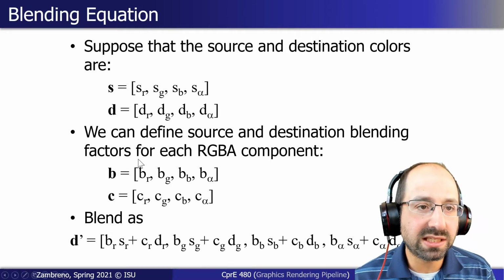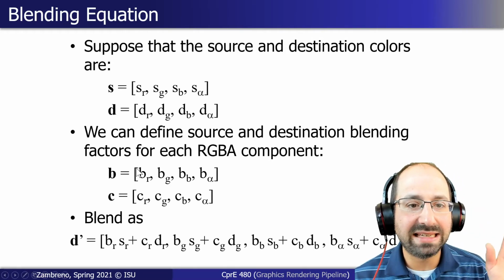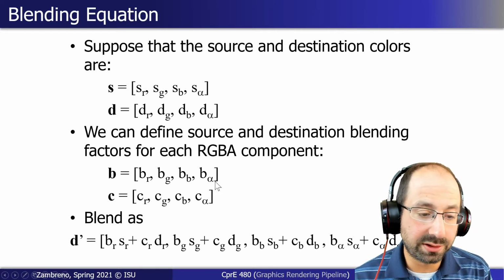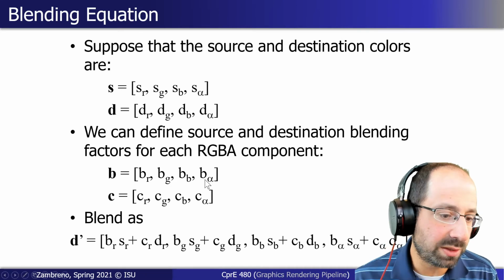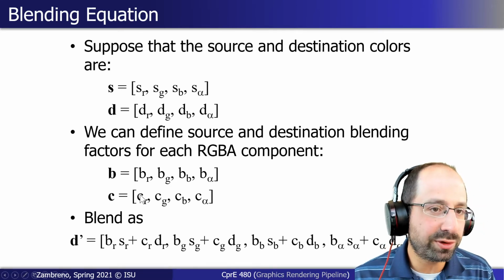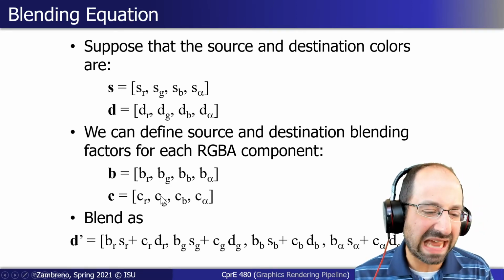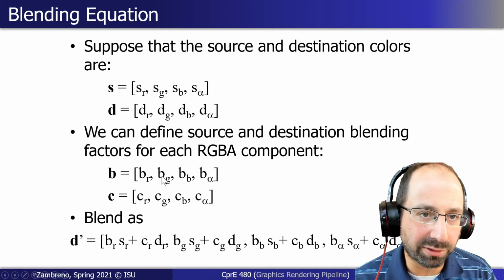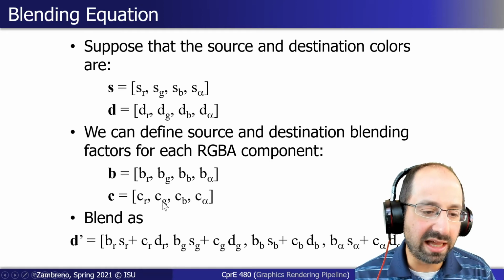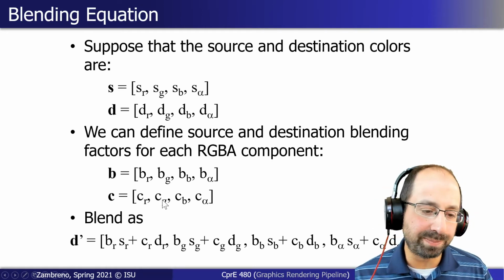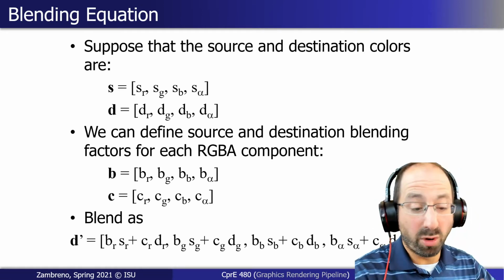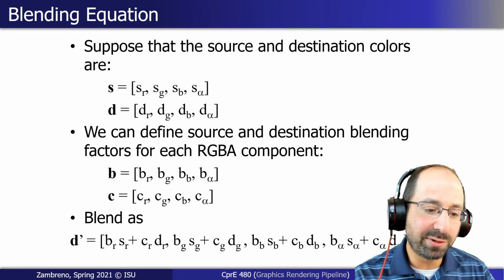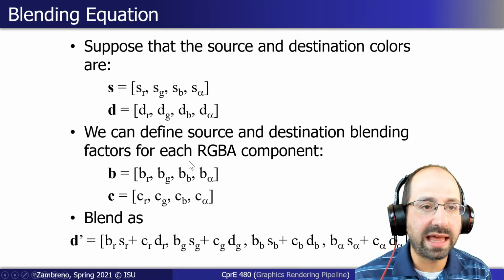So we would actually specify both source and destination blending factors, of which there are simple OpenGL hooks to be able to do that. Usually the source and destination for practical purposes add up to 1. So this would be 0 and this would be 1, or this would be 0.3 and this would be 0.7, so that we don't wind up overflowing our color in common usage. And as long as it's a scaled percentage of each, you're less likely for that to happen.